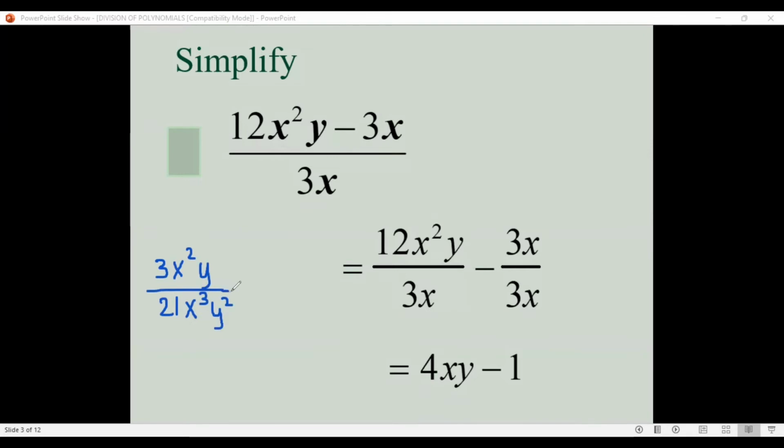If you are given this case, you have to remember that we have to follow where the greatest exponent is. So answering this, 3 and 21 can be cancelled by 3, so we have now the simplified form of 3 and 21 as 1 over 7. So we have here x raised to the second power and x to the third power. Comparing now the exponent, this is a 2 versus 3.